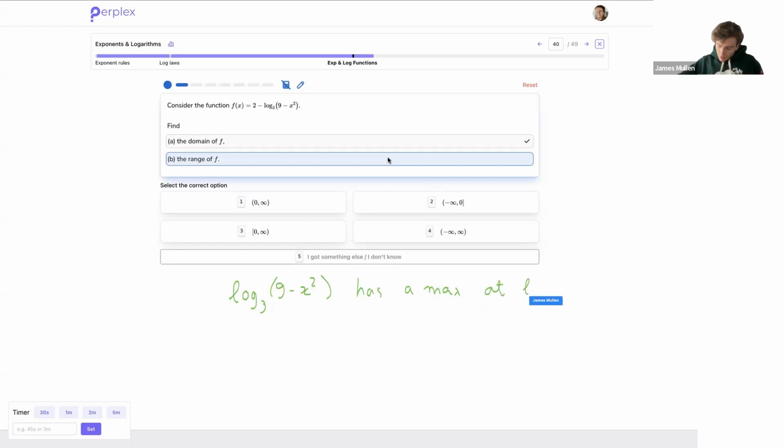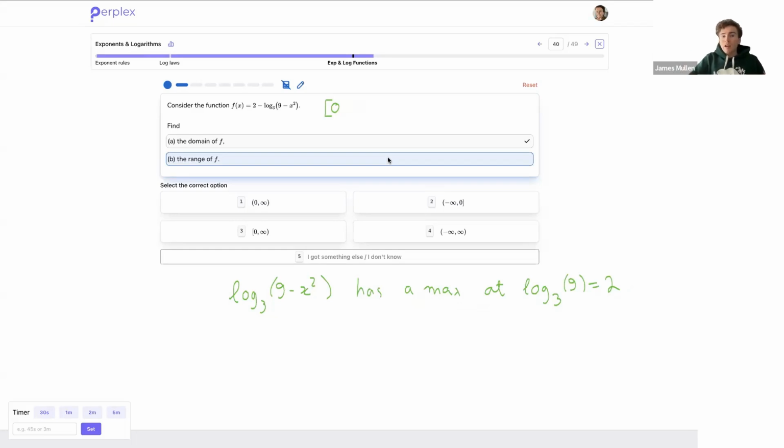So the max of log base 3 of 9 is equal to 2, which means that the minimum value of f is when I do 2 minus the maximum value of the log. So the minimum value is 2 minus 2, which is 0, and that is inclusive because log base 3 of 9 actually does reach the value 2.